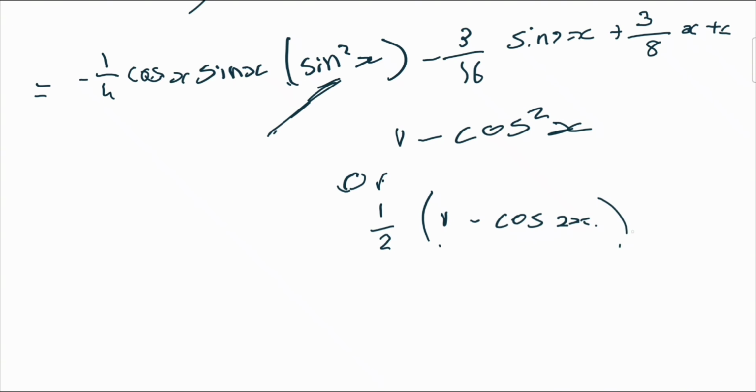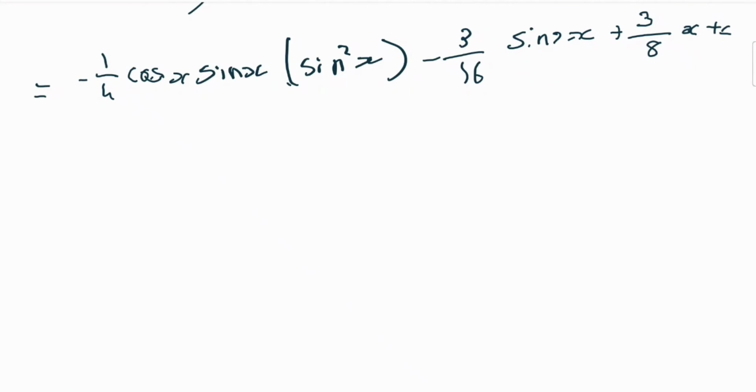So these are just some of the things you can turn sine squared of x into. Okay, so we'll turn the sine squared of x into 1 over 2, 1 minus cosine 2x. Okay, so let's put this in for sine squared of x.